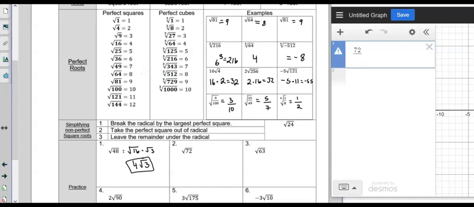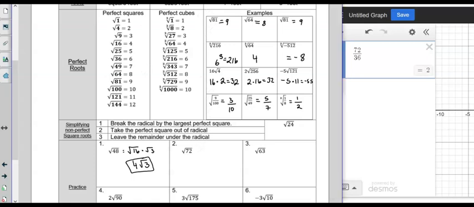Let me try 36, and 36 does go into it. What that means is it's going to be square root of 36 times square root of 2 gives you 72. These two are equivalent. And we know that square root of 36 is 6, so 6 square root of 2. That is how you simplify square roots.